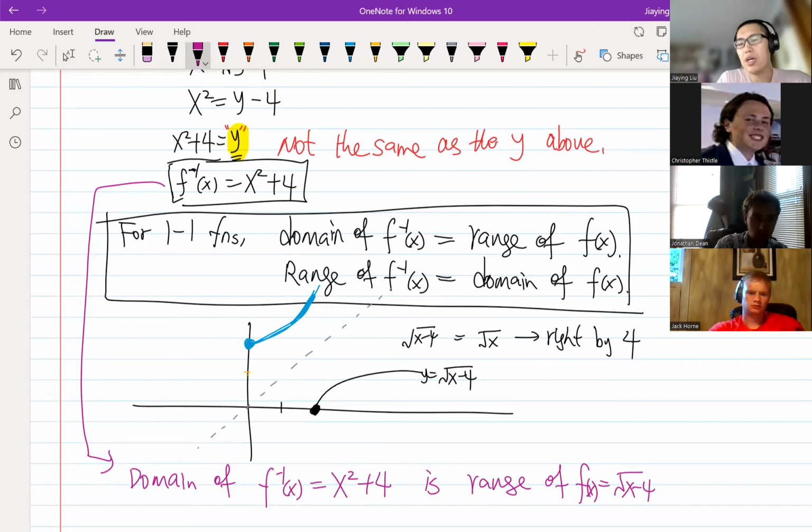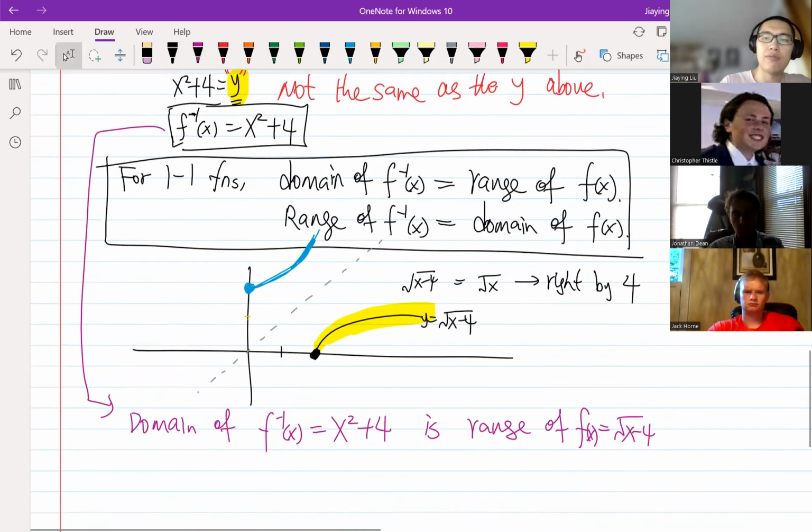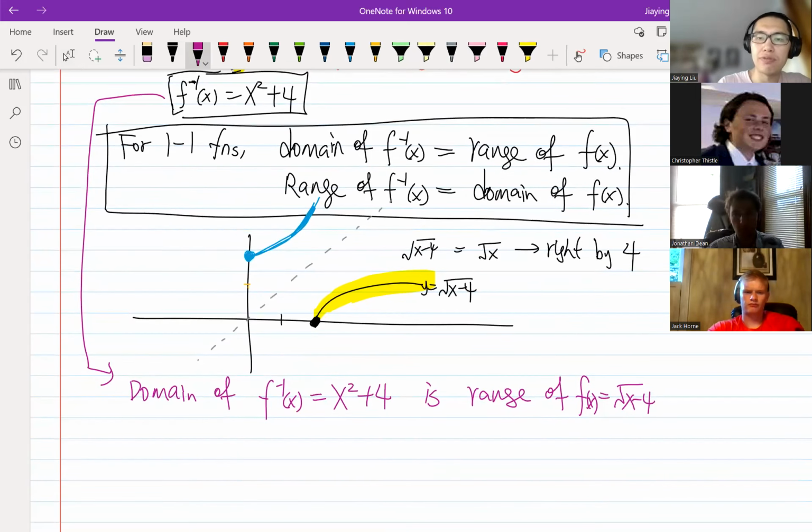Now, what is the range of square root of x minus 4? We can look at this function. The range is actually from 0 going to infinity, because the lowest y value is on the x-axis. So the range of f of x is from 0 to infinity.